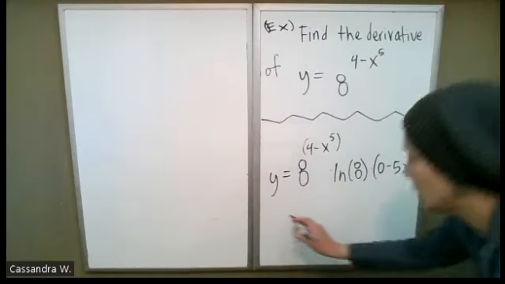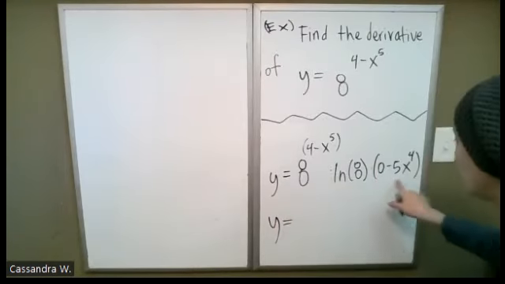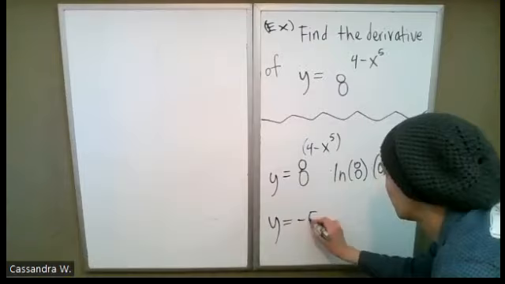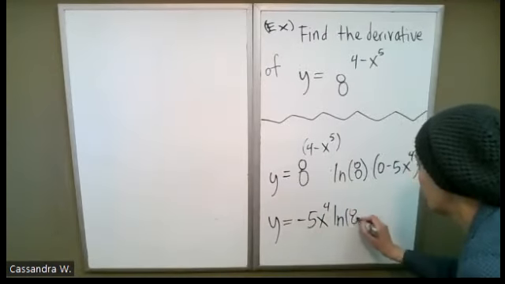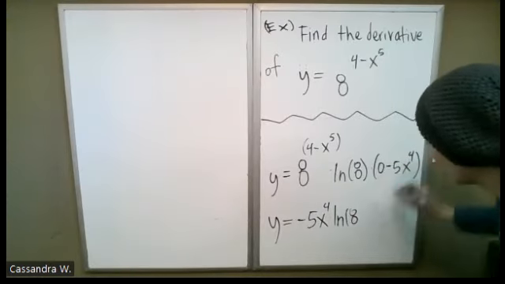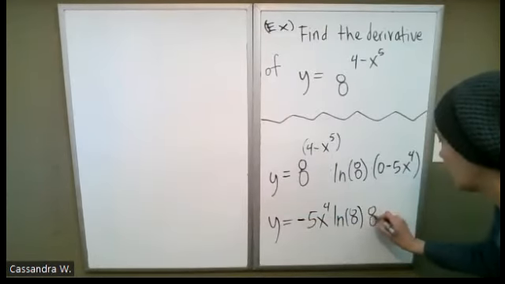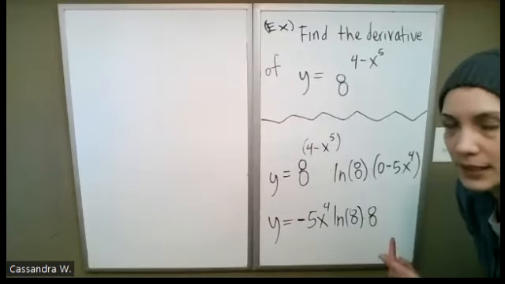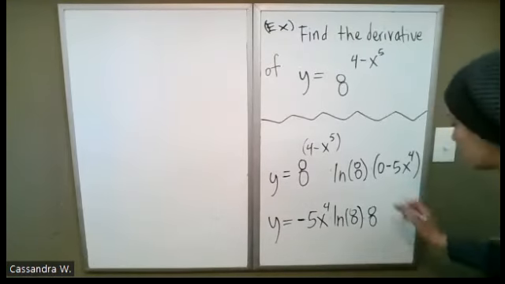But it's really the same thing. Wait, is that negative, right? Yeah, the 5 is negative. Negative 5, that part, ln of 8, and then there's that 8 with power 4 minus x to the fifth.